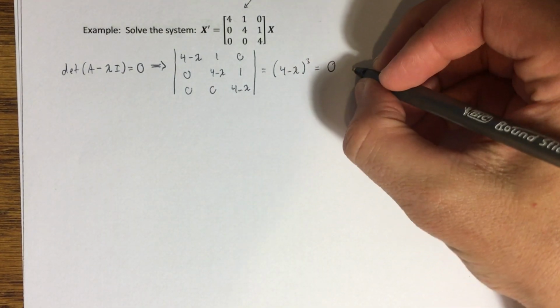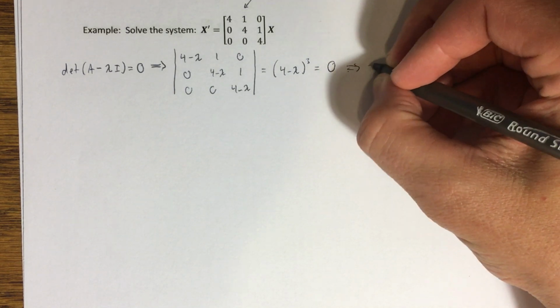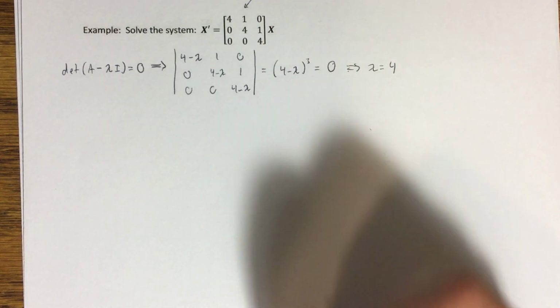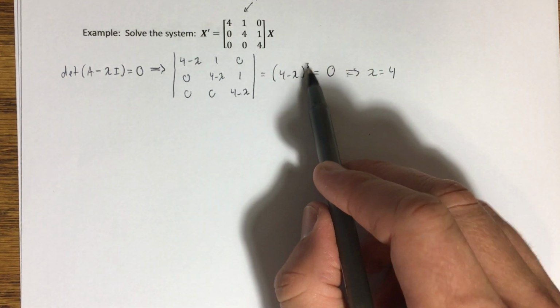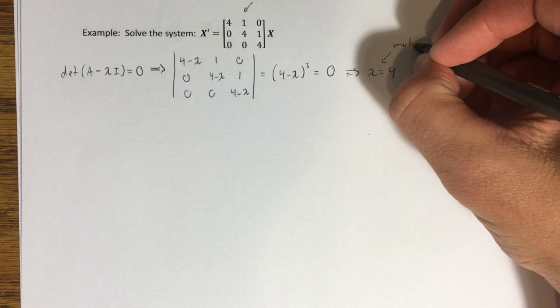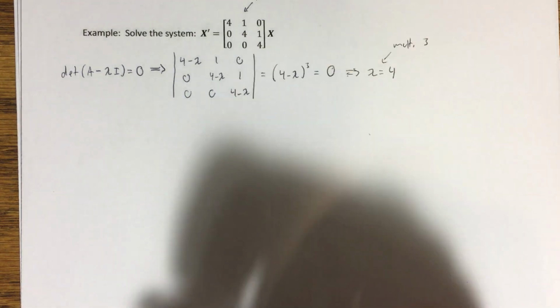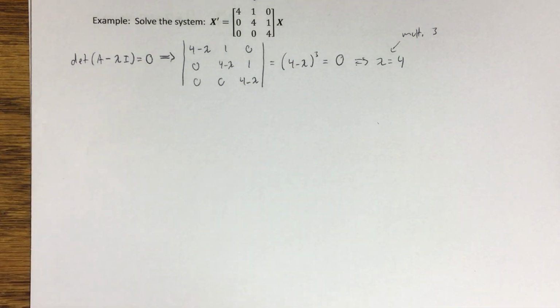So this means that lambda equals 4 is the only eigenvalue that we get from this matrix, but its multiplicity is 3, because that's the exponent that I'm seeing there. Multiplicity is 3.